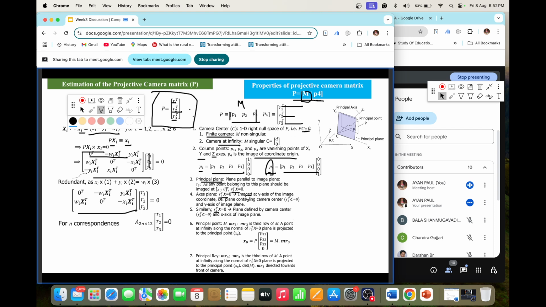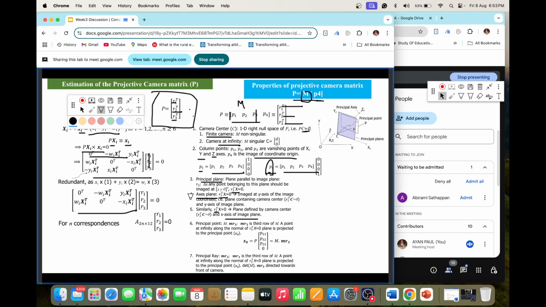So there are two axis planes: one is the y axis plane of the image, and the second is the x axis plane of the image. The y axis plane we can find by multiplying the first row with the actual point X, and by multiplying the second row with the actual coordinate point, we can get the x axis plane of the image.